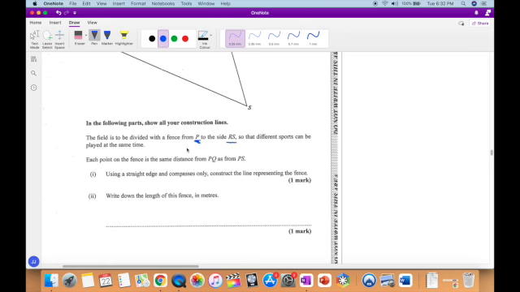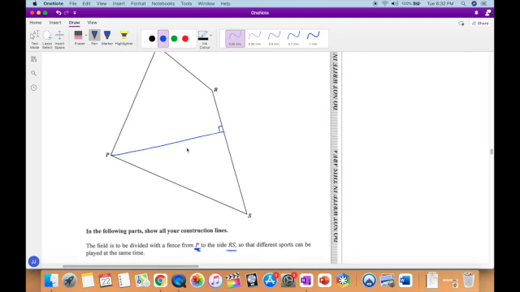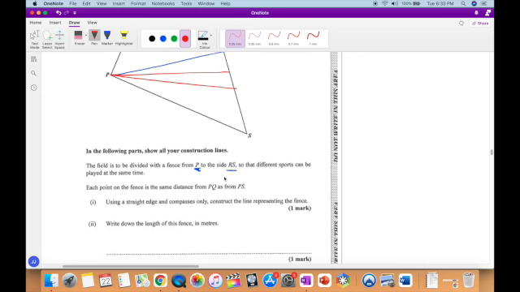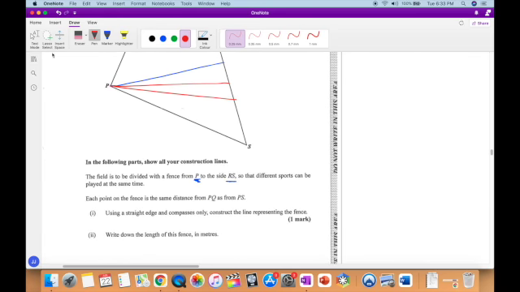So you could have constructed that line, or this line, or this line, because all of those lines start at P and cut RS. They never said anything about it needing to be perpendicular to RS.